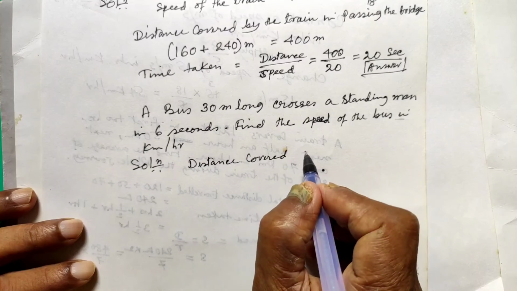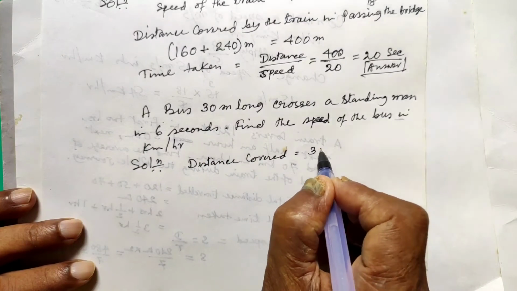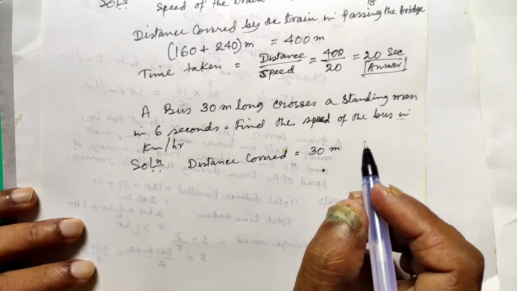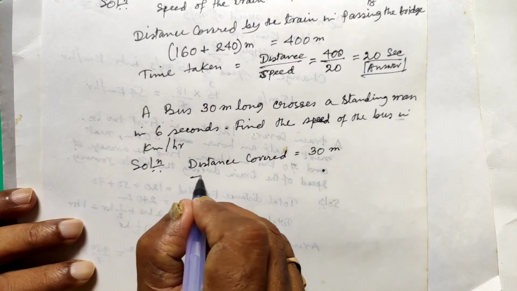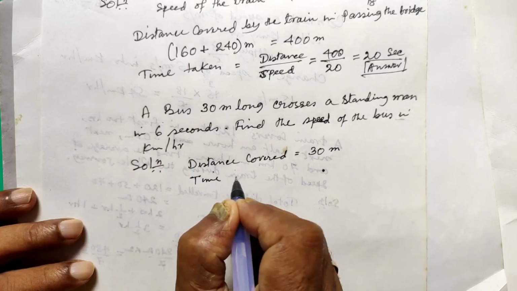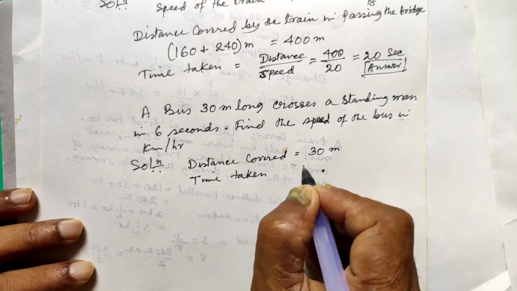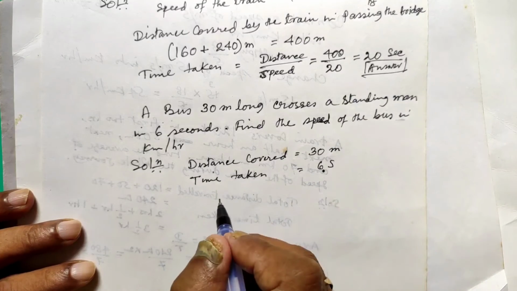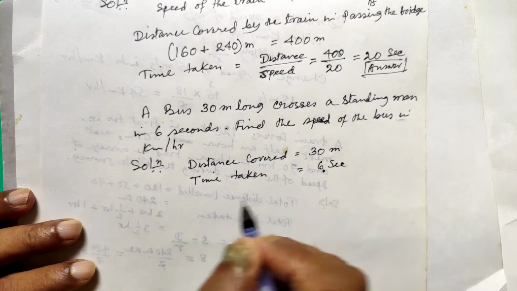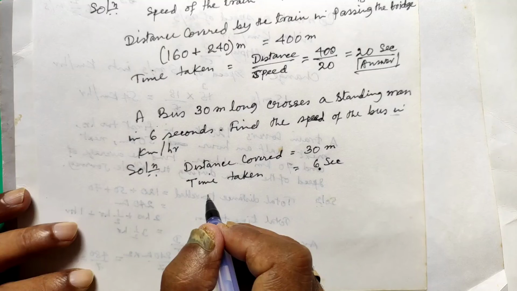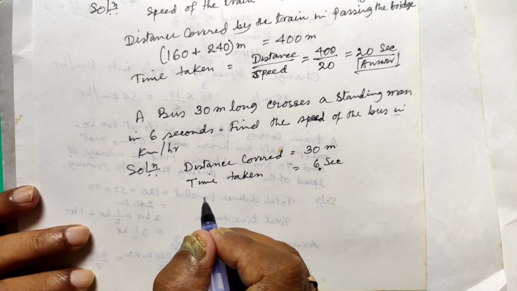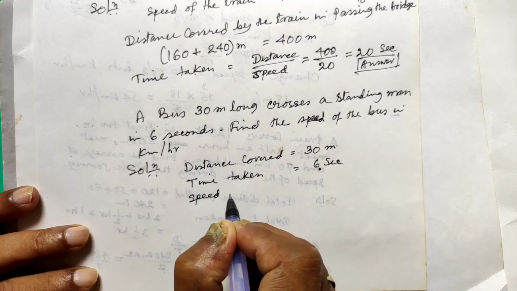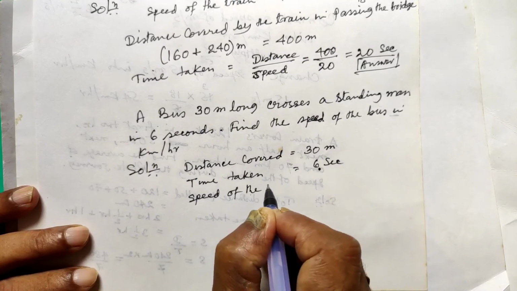That is how much? 30 meter, okay? And how much time taken? Time taken equals to 6 seconds, okay? Then speed of the bus, we have to find speed of the bus.